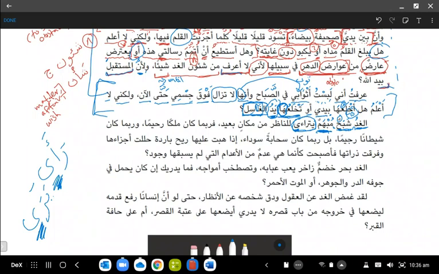This means to see, right? Ra'a means to see. If I say ra'aytu, it means I saw, and yara means he is seeing. Yara al-manzar, he's seeing the view, for example. Yara al-bahr, he is looking at the beach or at the ocean, right?